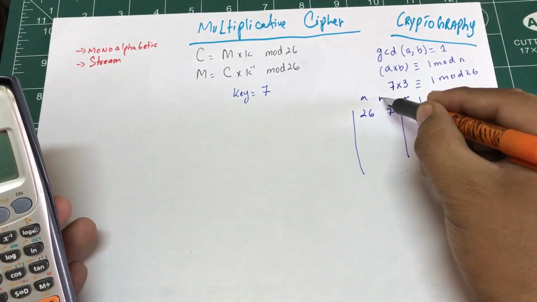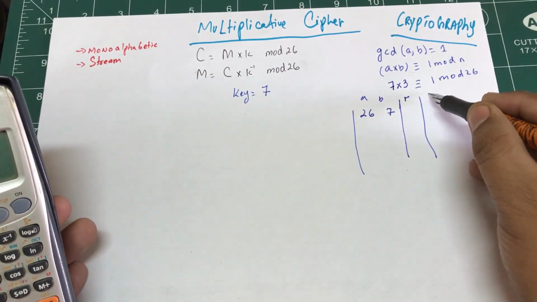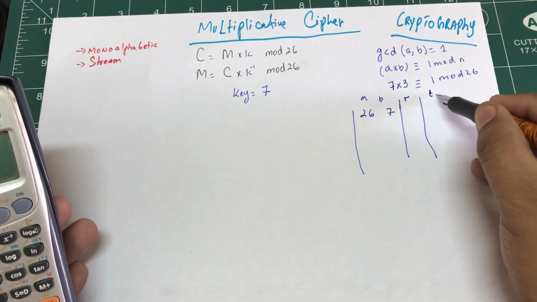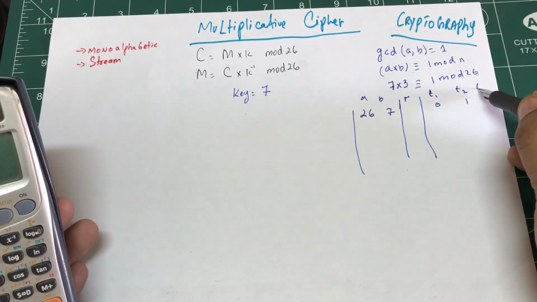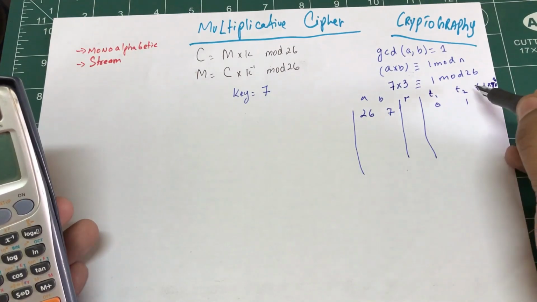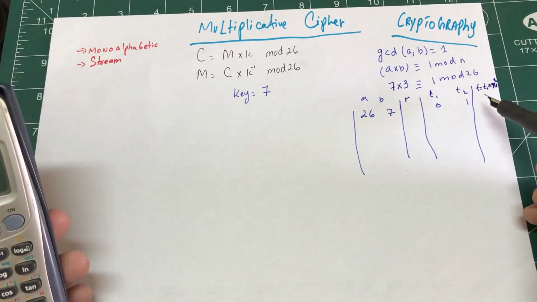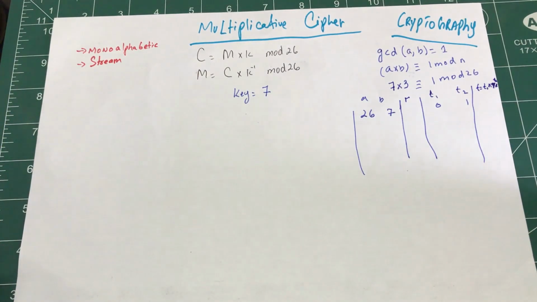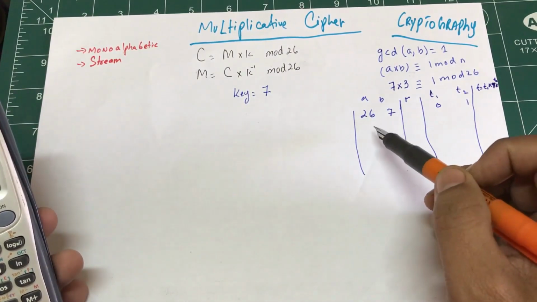This is our A and B, and this is going to be your T1, T2, where T is T1 minus Q multiplied by T2. I think it was something like this. This is how you find the multiplicative inverse of a particular number using the extended Euclidean algorithm, just to check if that GCD is true.